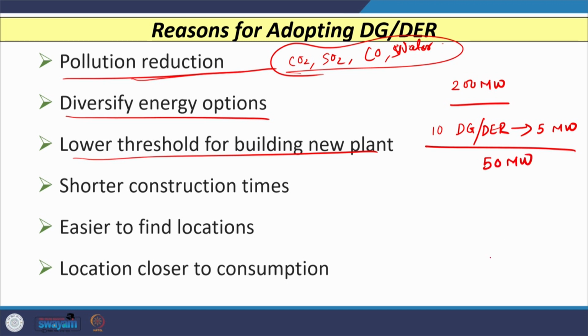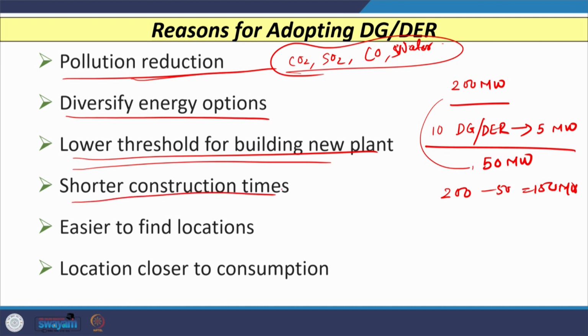So, now whenever I want to build a new power plant depending upon my load requirement, the capacity of the new power plant is not 200 megawatt, but 200 minus 50, that is 150 megawatt. So, this threshold of building a new power plant can be reduced.